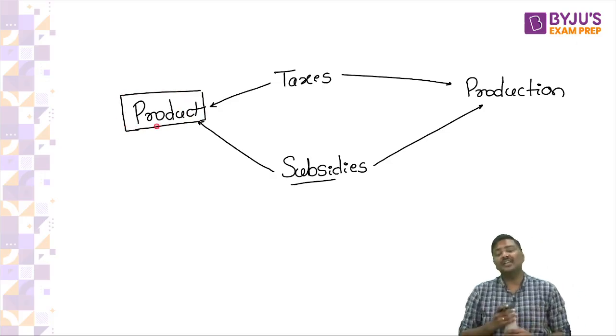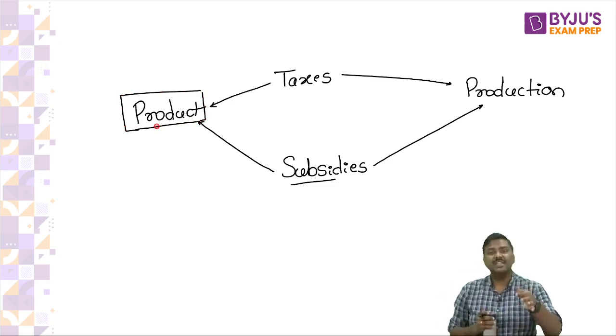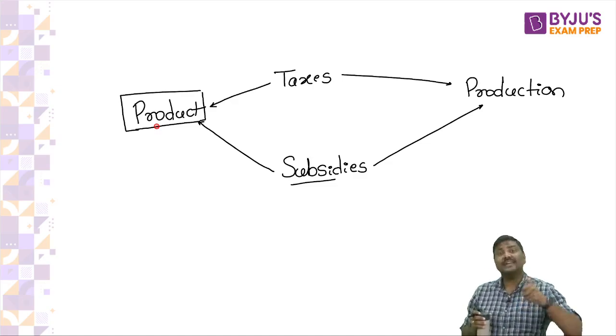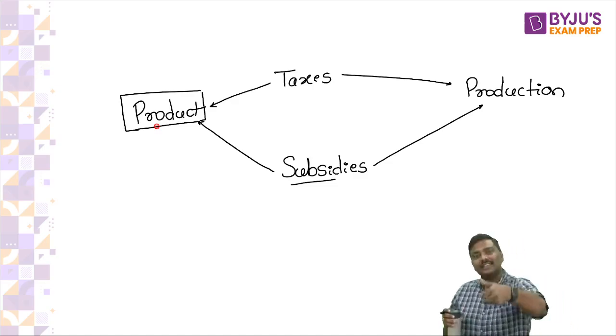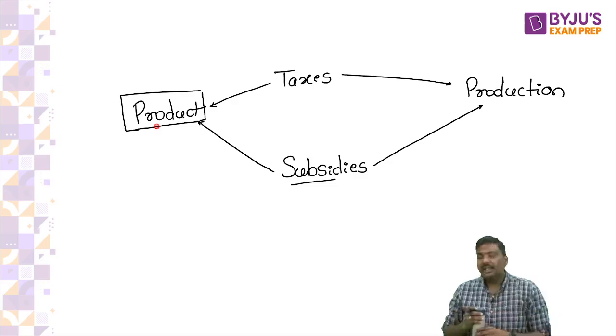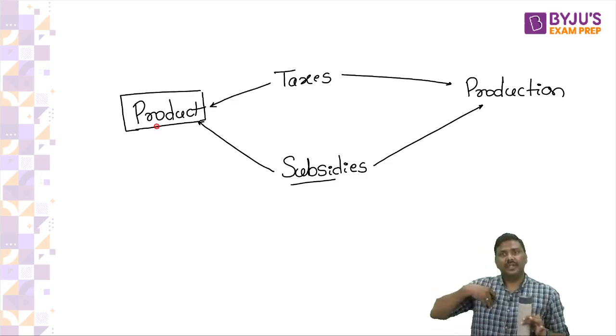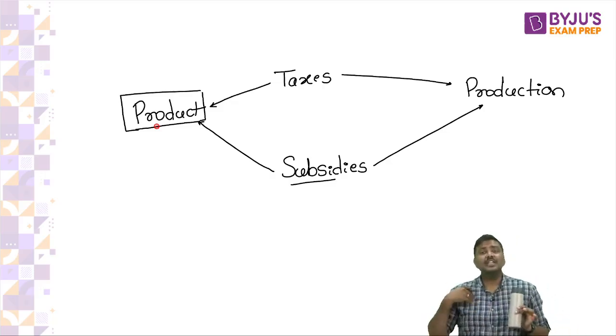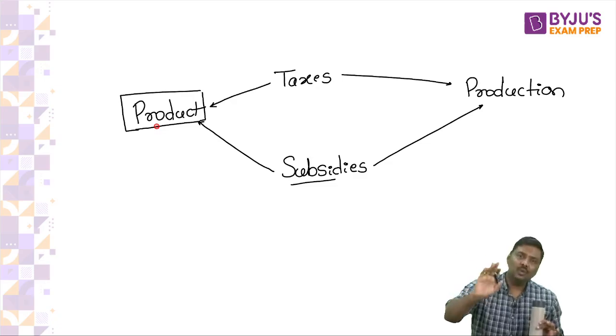So the logic is, whenever you come across the term product, either product taxes or product subsidies, it is connected to volume of production. Subsidies you receive and taxes you pay are connected to volume of production.